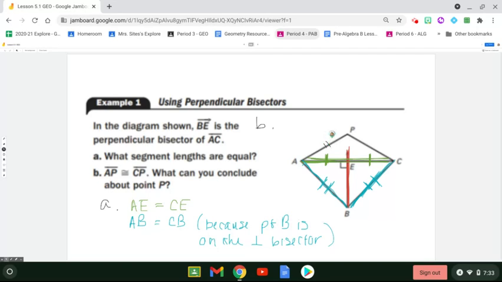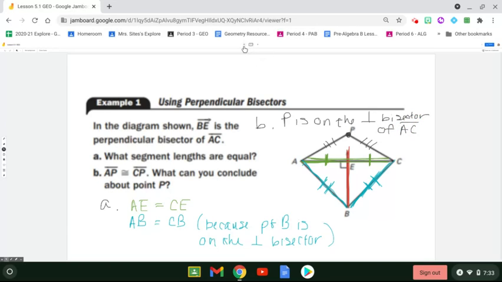If we know that segment AP is congruent to segment CP, we can now say something special about point P. We can say that point P is on the perpendicular bisector of segment AC.